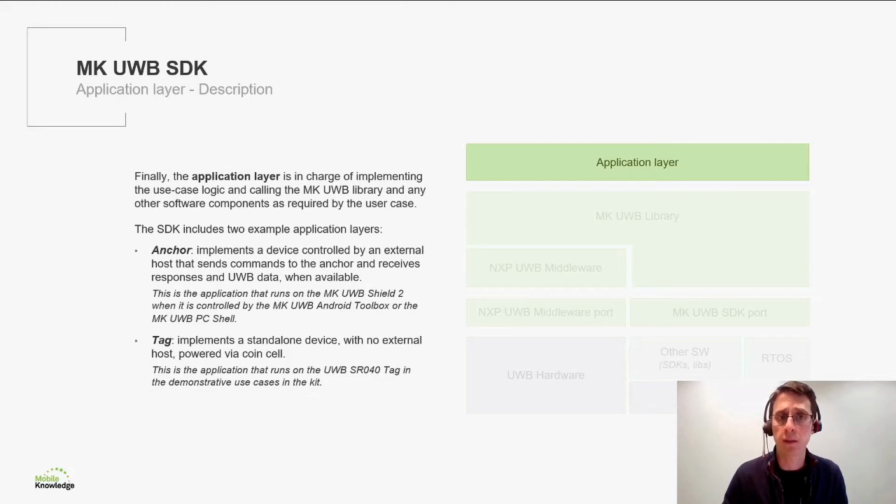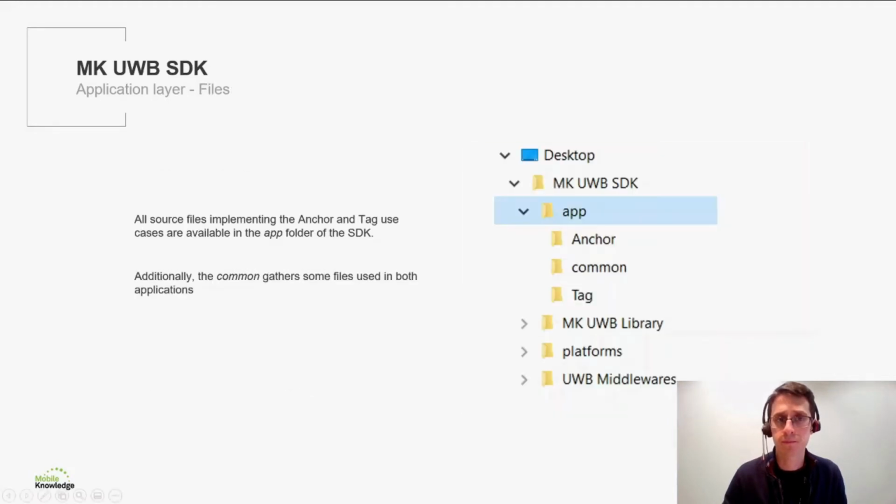The second example of an application layer is the tag. It implements a standalone device with no external host and with limited functionality. This is the application that runs on the ultra-wideband tag SR040 boards that are delivered with the kit. The source files that implement the tag and the anchor applications are delivered in their corresponding folders in the SDK.